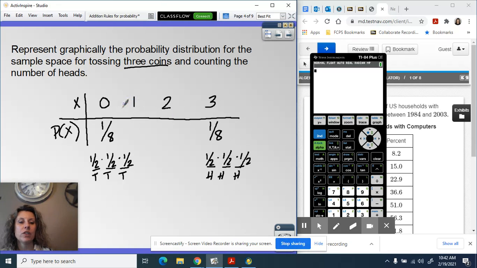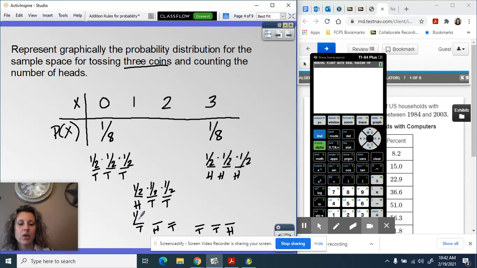So if we think about just getting 1 head, we could get a head on the first toss followed by the 2 tails, but that's not the only order that we would want to include because we could get the head on the second toss, or we could get the head on the third toss. Each one of those is going to be the same, 1/8 probability.